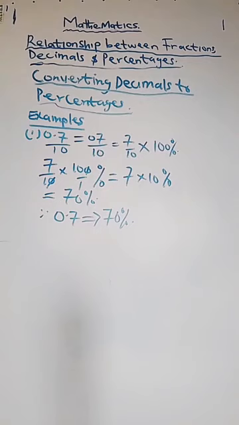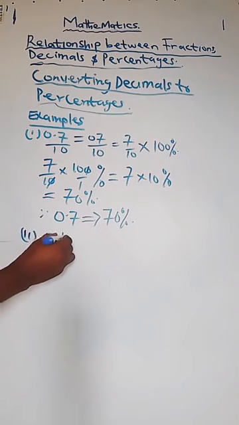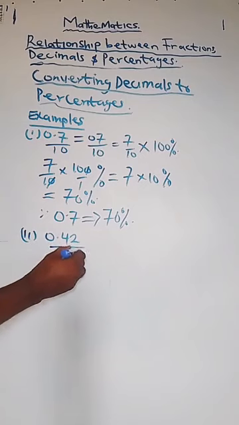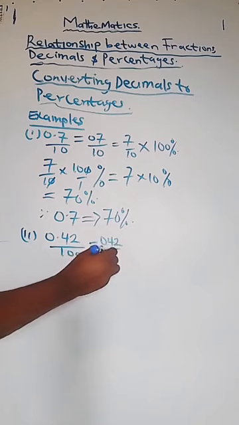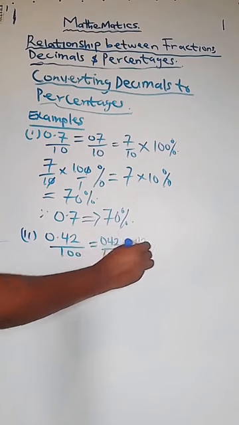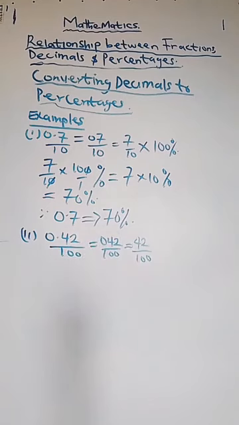Let's look at another example. Let's say you have 0.42. You want to convert 0.42 to a percentage, just like we did now. First of all, convert it to a fraction. So this will be 0.42/100, which is the same thing as 42/100. Then we now multiply by 100%.